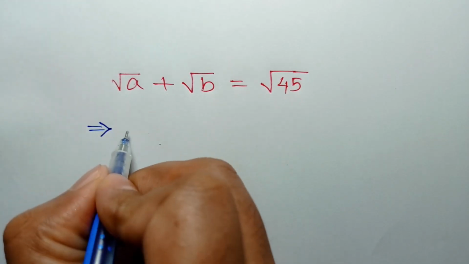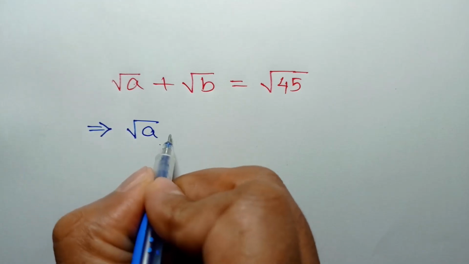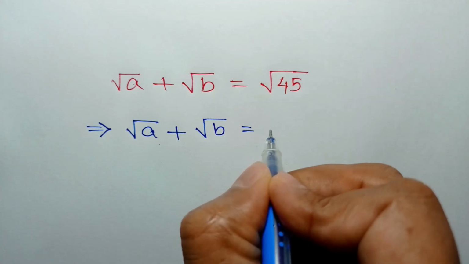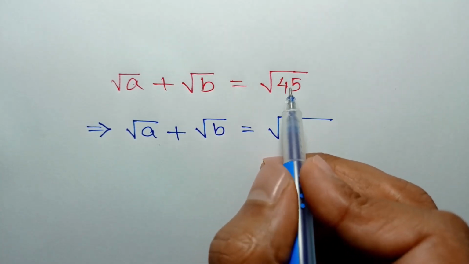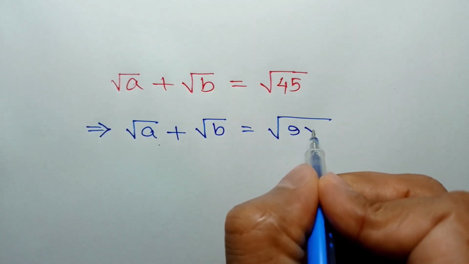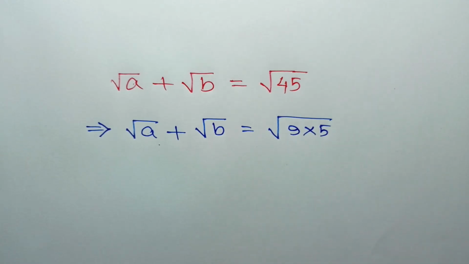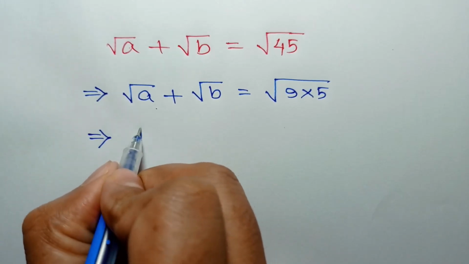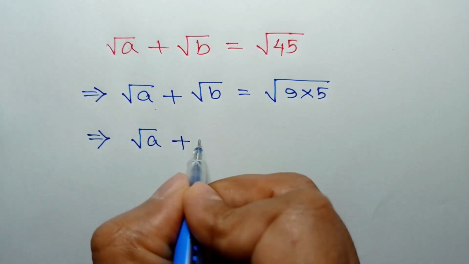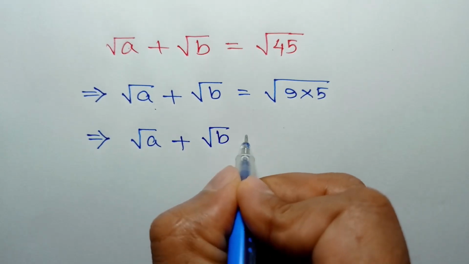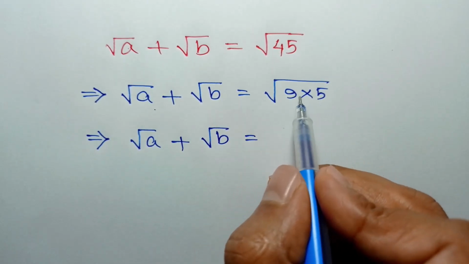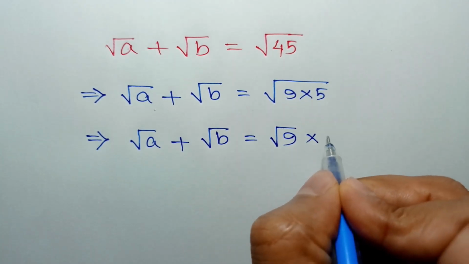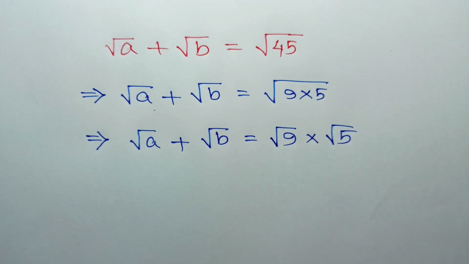Square root of 45 can be written as square root of 9 times 5, which can be written as square root of 9 times square root of 5.